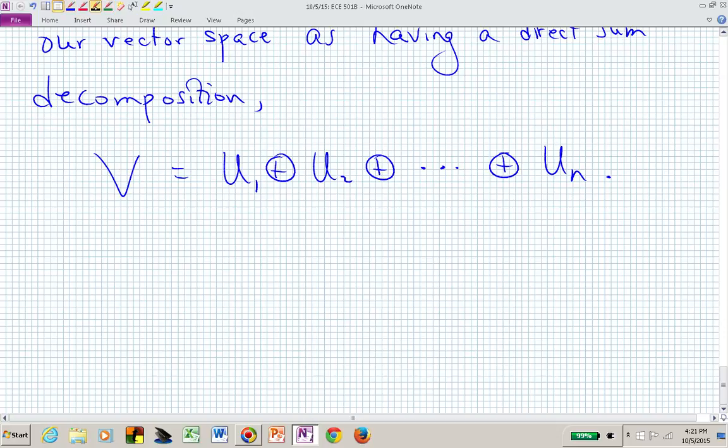And do we remember what that means? If I give you a vector, little v, in your vector space, capital V, what does having a direct sum decomposition allow us to say? We can only come up with one combination of vectors in these subspaces that will combine to produce this little v. So we can represent little v as a sum of vectors coming from each of these subspaces.